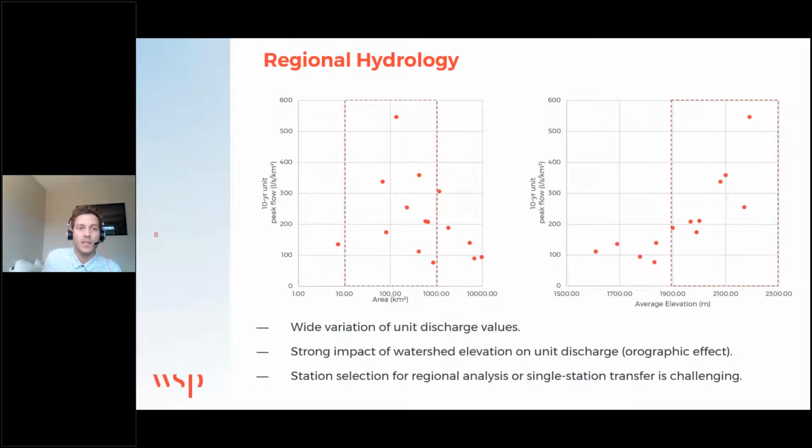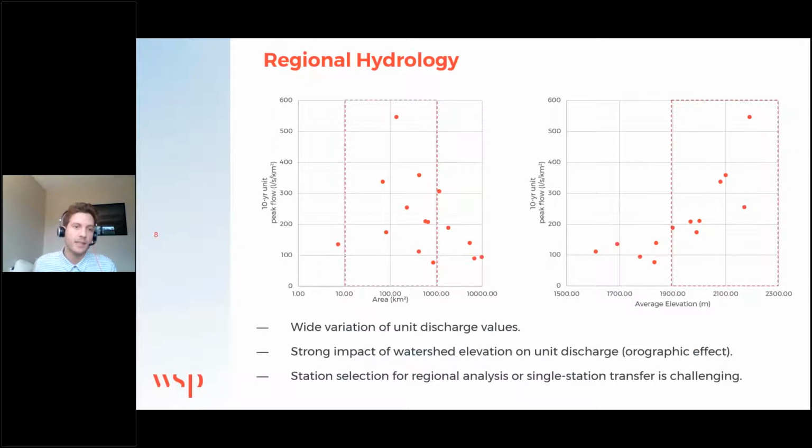So we then had a look at the regional hydrology, wanted to know if there's other hydrometric stations in the area that could be used for regional analysis or single station basin transfer to better understand what kind of peak flows the Vermilion River and its tributaries can experience.